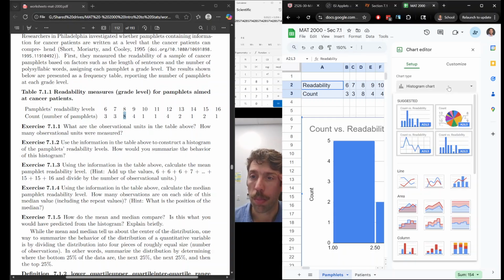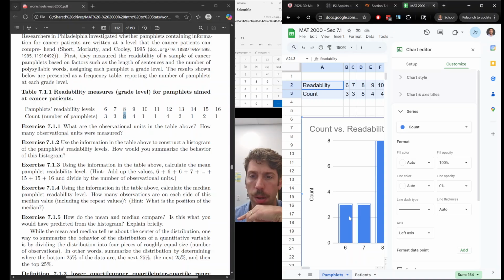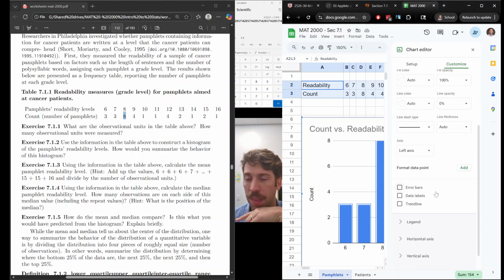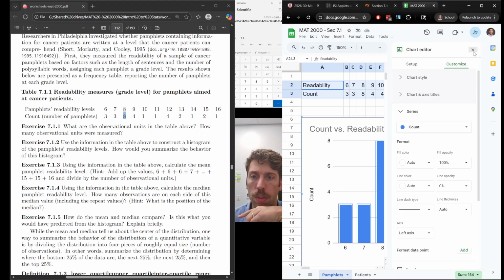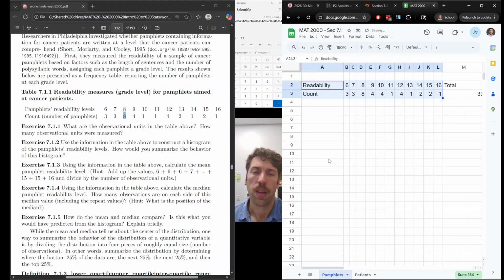But if you make it do a bar chart, then it'll be almost right. In a histogram, the bars are supposed to touch, so if you could find a way to make the bars touch, that'd be better. I'm not going to fool around with that, it's going to take too much time for me to figure out right now. Doing it by hand would probably be better and faster anyway. Okay, so I'm going to delete that.